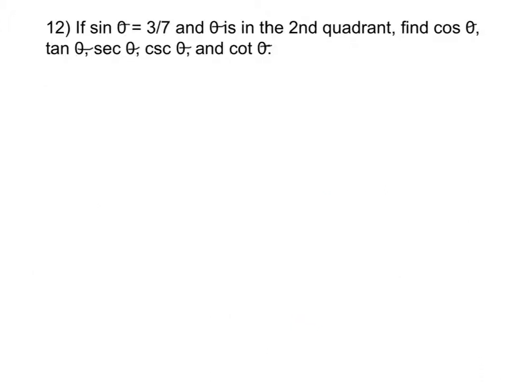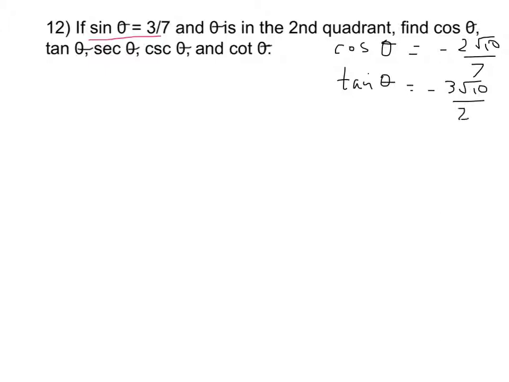So just to summarize, I have sine of theta is equal to 3/7 here, and then I'm going to put those values that we just found up here because we're going to need them. The cosine of theta is equal to negative 2 square root of 10 over 7, and the tangent of theta is equal to negative 3 square root of 10 over 20.